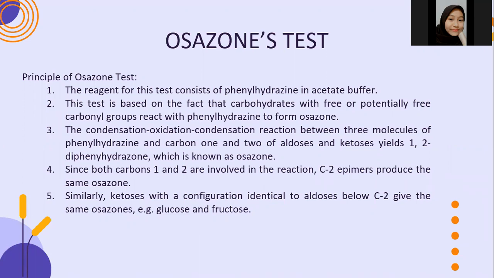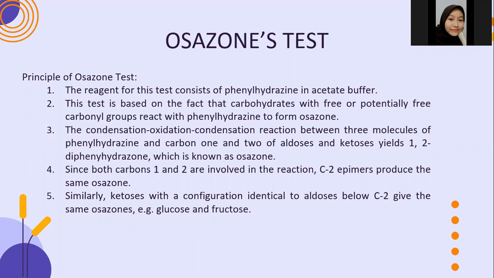Number 3, the condensation, oxidation, condensation reaction between 3 molecules of phenylhydrazine and carbon 1 and 2 of aldose and ketose yields 1,2 diphenylhydrazine, which is known as osazone.